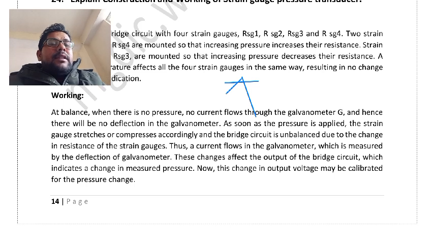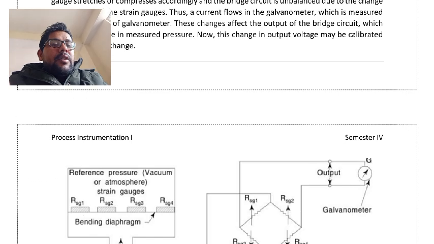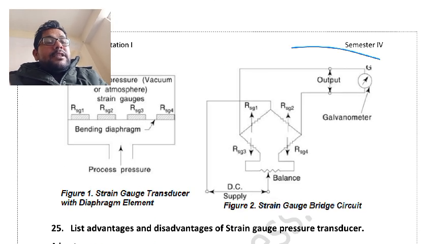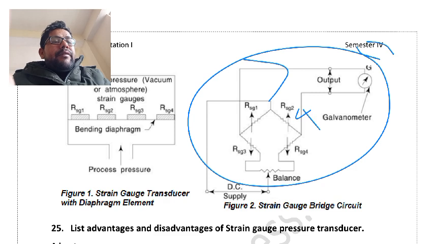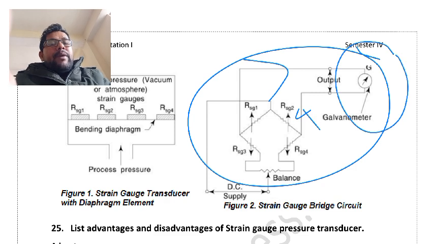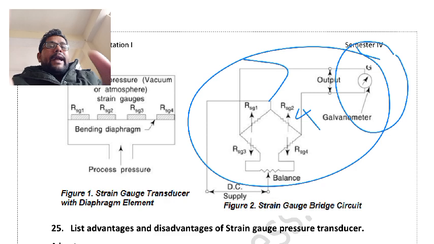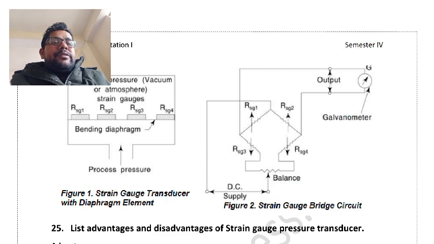Because of this the bridge becomes unbalanced, and the galvanometer reading changes. At the balanced condition, when no pressure is applied on the diaphragm, the reading was 0. Now when pressure is applied, the values of R1, R2, R3 all change, so the reading of the galvanometer will change.